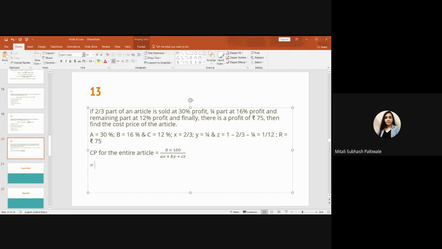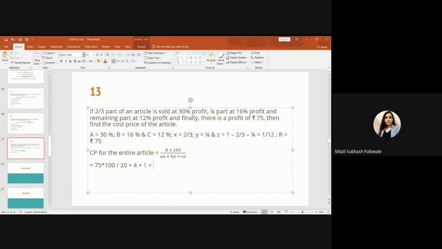Now it would become R is 75 into 100 divided by AX, 30 into 2 by 3. 30 into 2 by 3, I'll straight write 20, plus 16 into 1 by 4 would be 4, plus 12 into 1 by 12, so this will become 1.